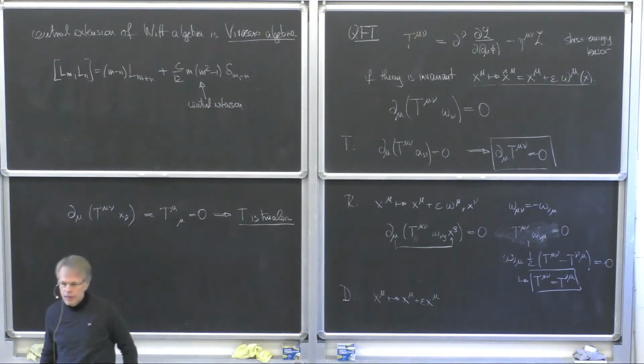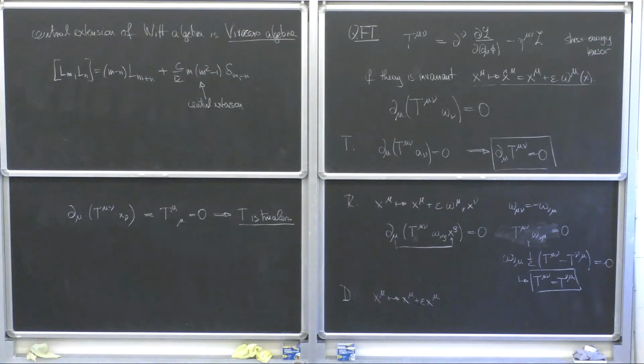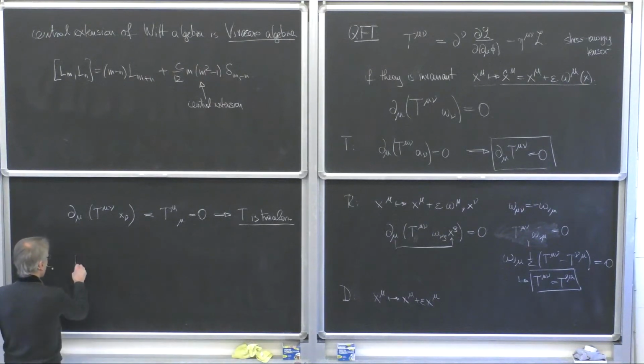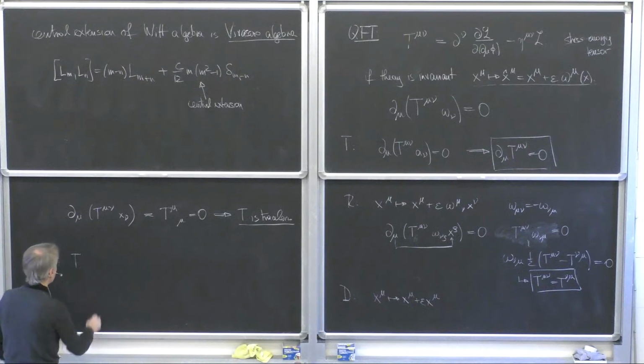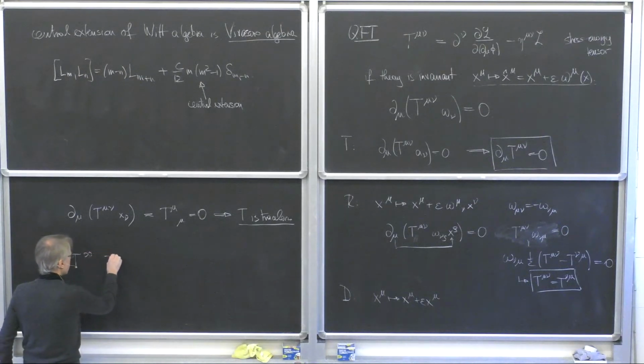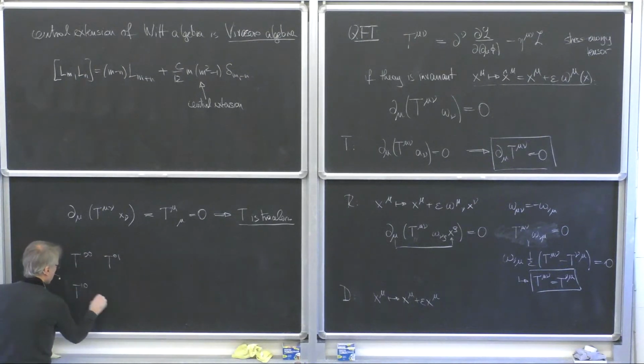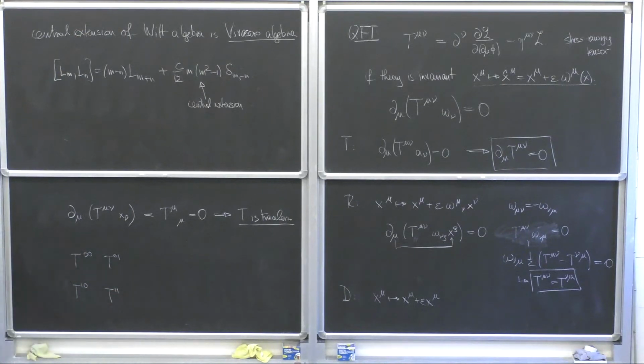And therefore, in 2 dimensions, there are not that many components that survive. So in 2 dimensions, how many components do you have? You have T00, T01, T10, and T11. These are the 4 components in 2 dimensions. And because it's symmetrical, these 2 things are equal to one another. And because it's traceless, these components are negative of one another.